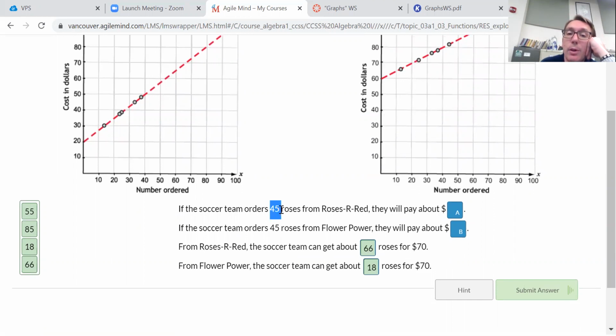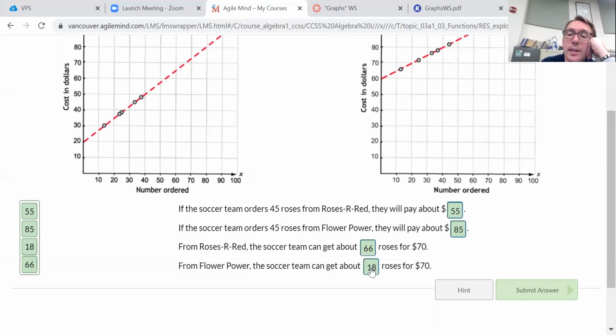So for example, if I have 45 roses, 45 is right here. I go up, that's going to be 80 something on this group. And then if I do 45 roses on Roses Are Red, that's about 55.